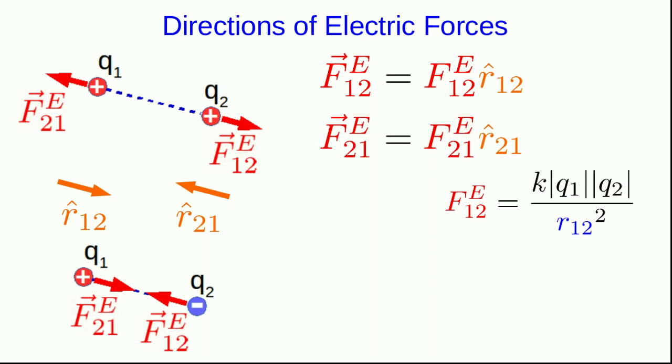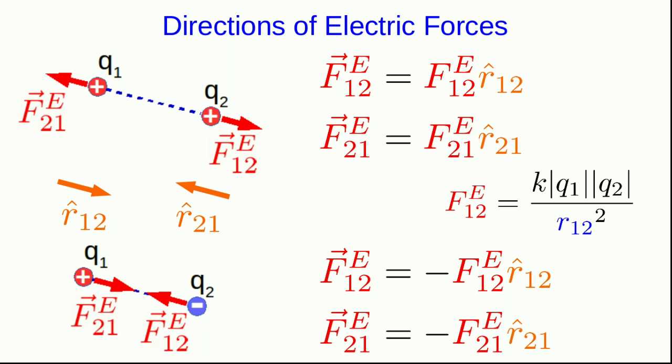Similarly, if these charges have opposite sign, then the forces act the other way. They are attractive. And so now the force that 1 exerts on 2 is negative its magnitude times r hat 1,2, and similarly the force that 2 exerts on 1 is negative r hat 2,1. Just look at the vectors and you can convince yourself that these relations are correct. Well, that means there's an easier way for us to rewrite Coulomb's law to have the direction built into it.